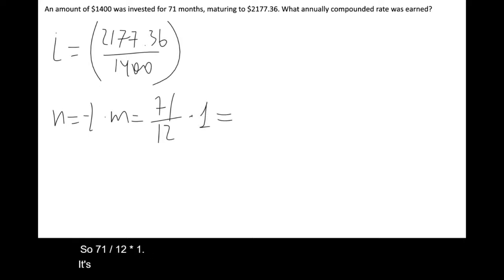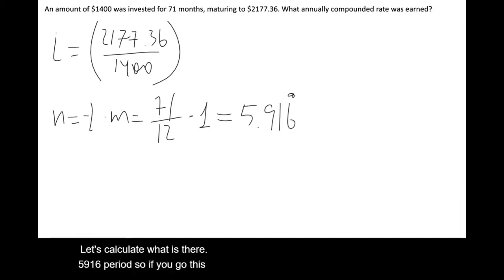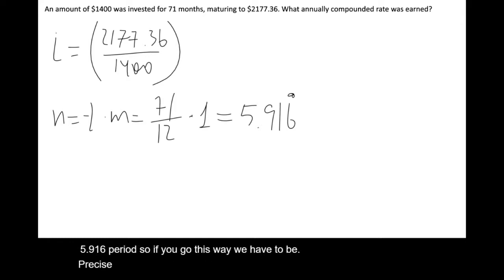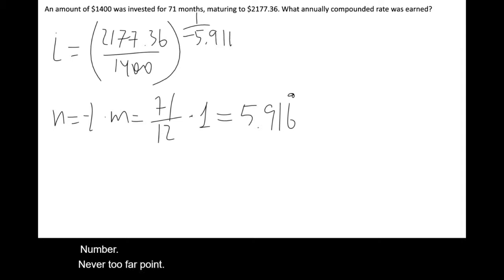Let's calculate what that is. 5.916 repeating. So if you go this way, we have to be precise with that number, negative 5.916 minus 1.